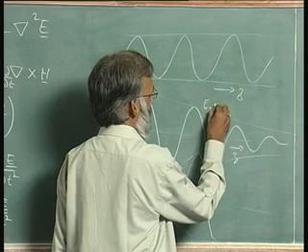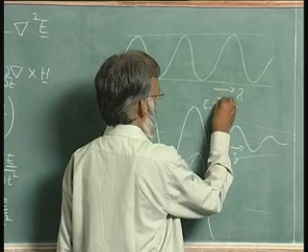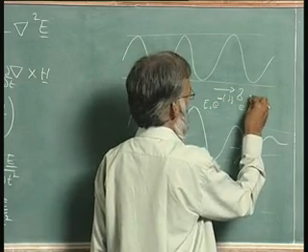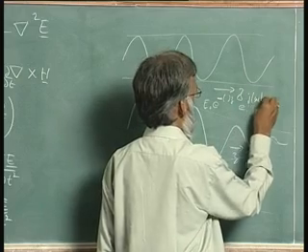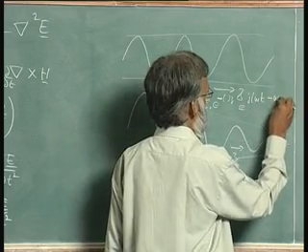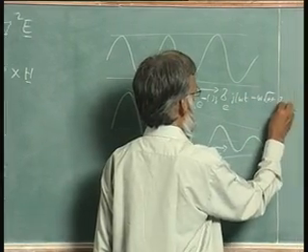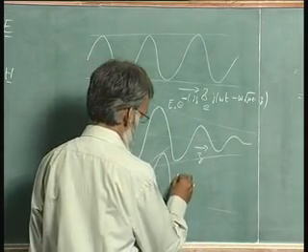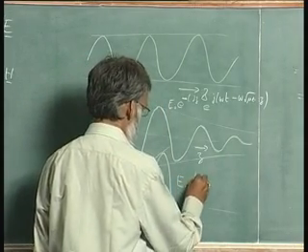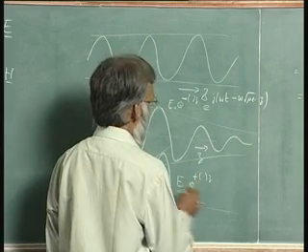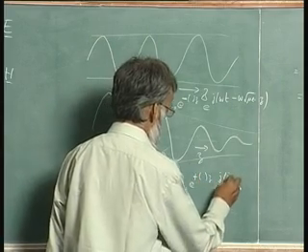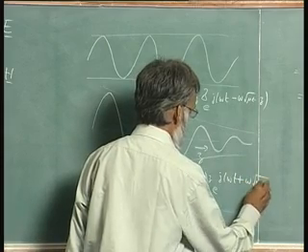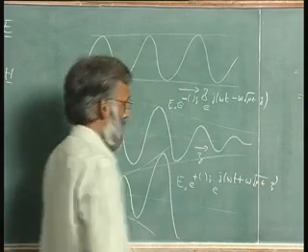and the solution that corresponds to the minus sign is E naught e to the minus something z e to the j omega t minus omega root mu epsilon z, and the plus solution is E naught e to the plus something z e to the j omega t plus omega square root of mu epsilon z.